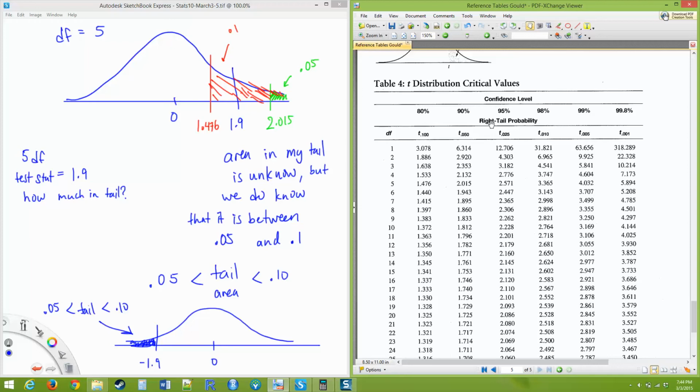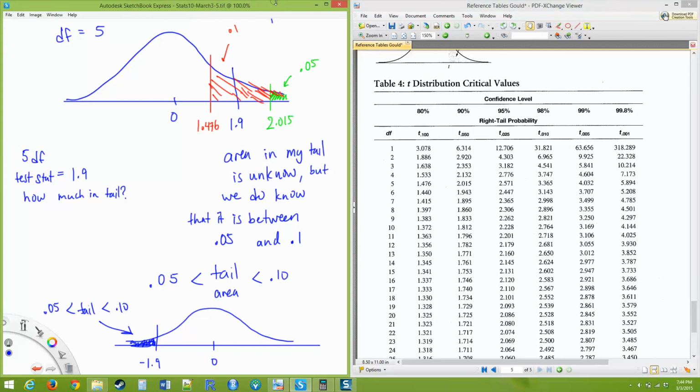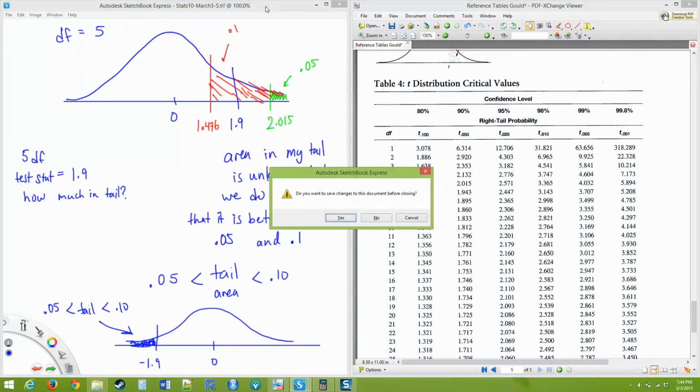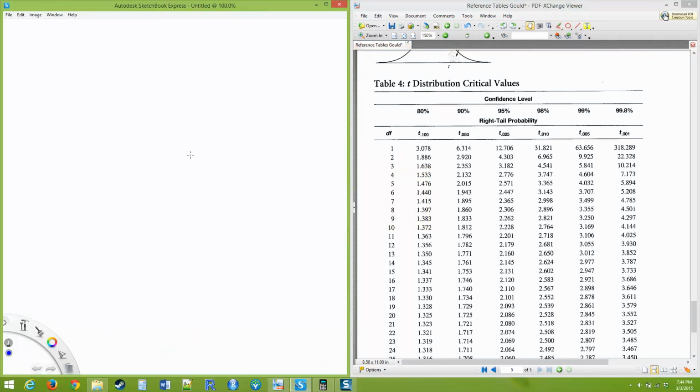Is that okay? All right, so let's just try a few drills. And don't shout out these answers. Let's say you have degrees of freedom equal to 8, and your test statistic is equal to 2.5. How much is in the tail? And let's try another one.